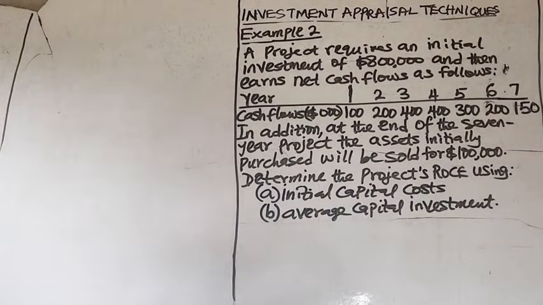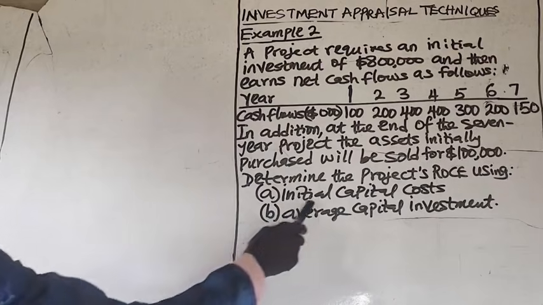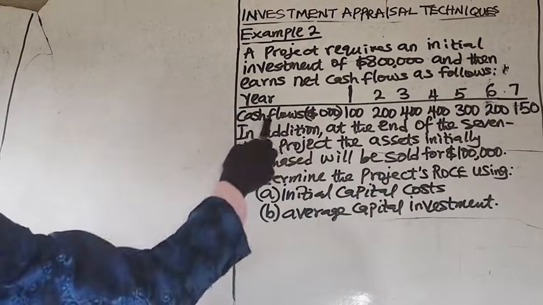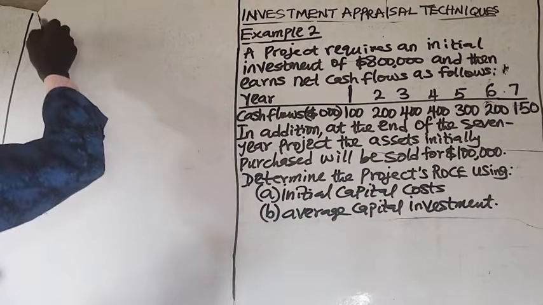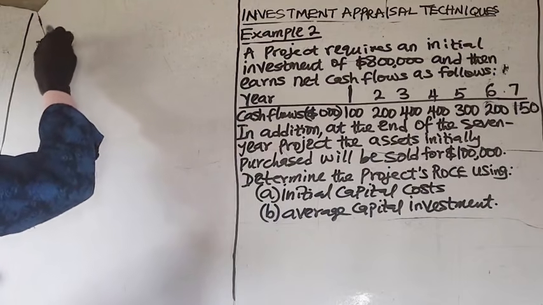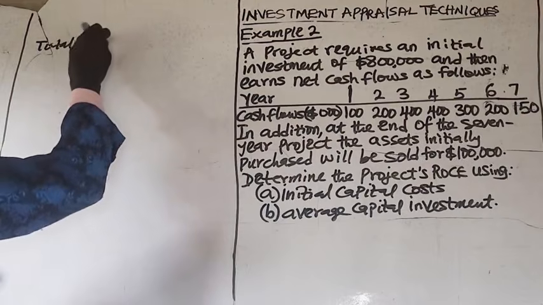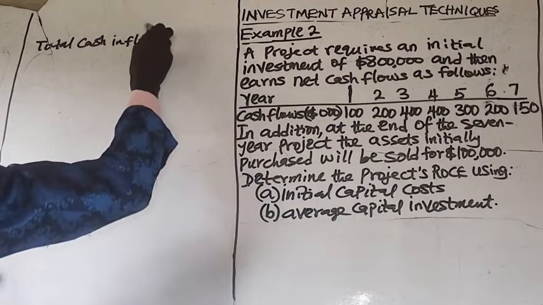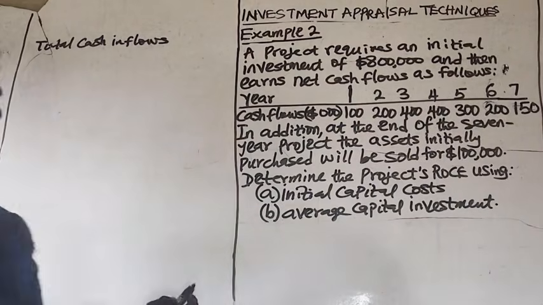Remember, the ROCE is average annual profit divided by initial capital cost. Now we need to calculate the profit. So we are given total cash inflows.